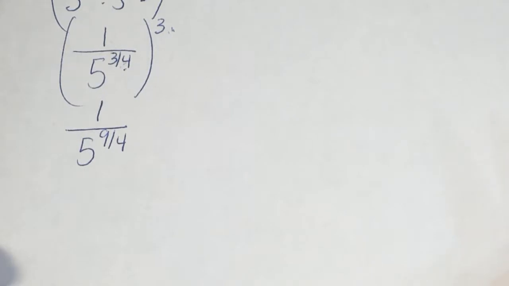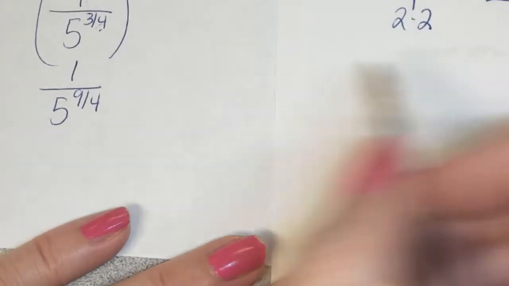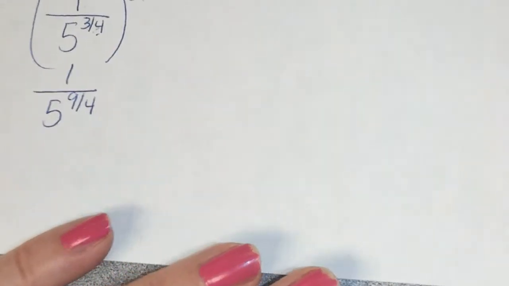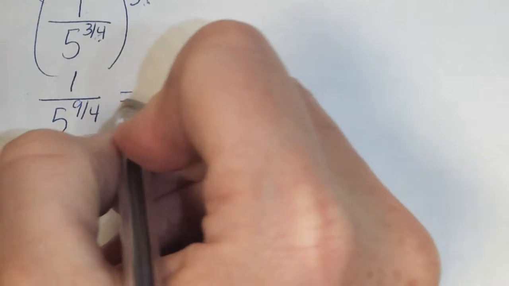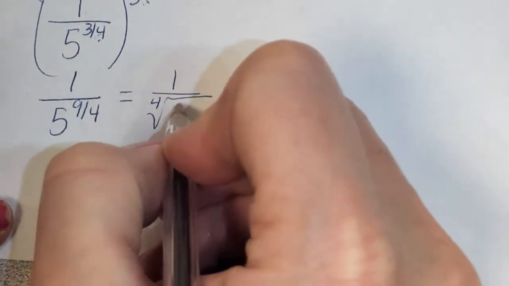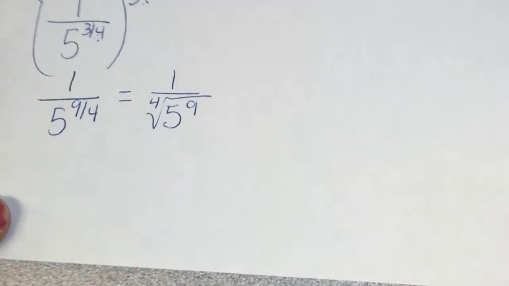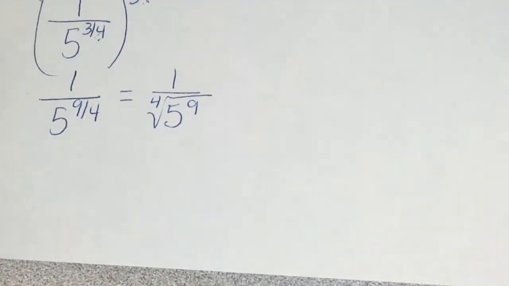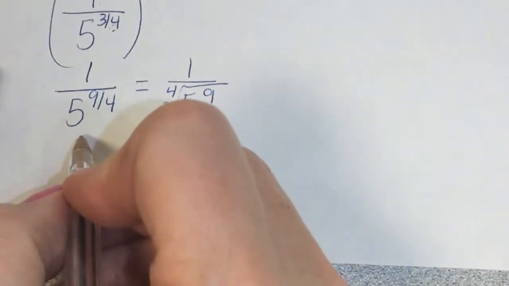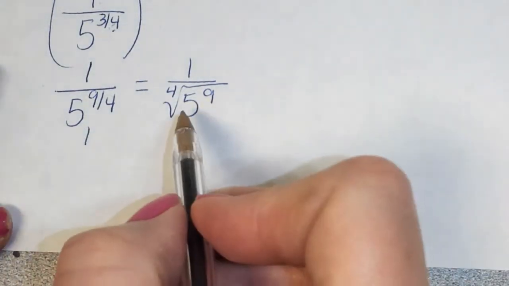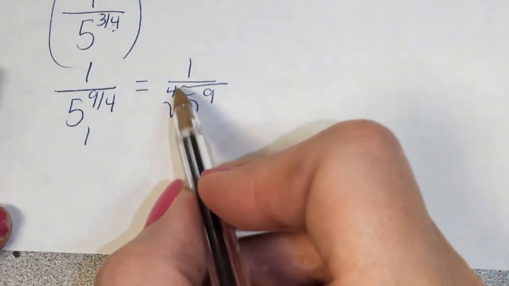All right, guys. Now here's where we have a bit of a problem because that's not our final answer. This is what we really have at this point. We've got 1 over the 4th root of 5 to the 9th. Okay, that's what we have right now. So I need to know, how does this simplify?